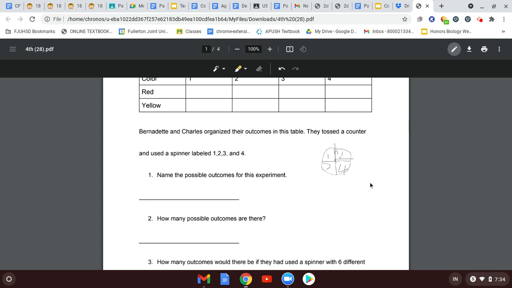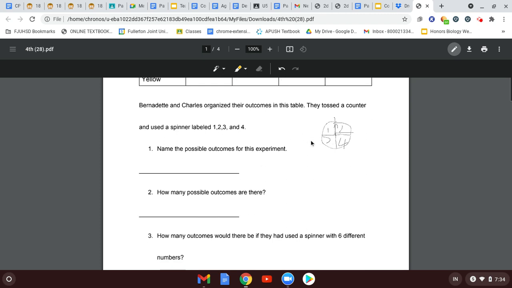They could spin the spinner, and it could be red 1, 2, 3, or 4. Same thing for yellow, since we're using the same spinner.